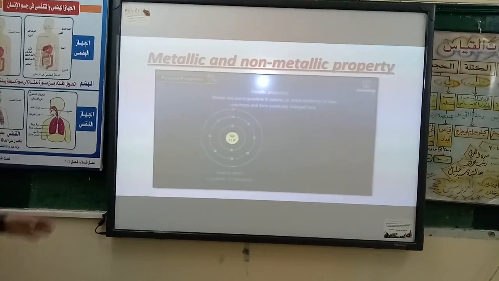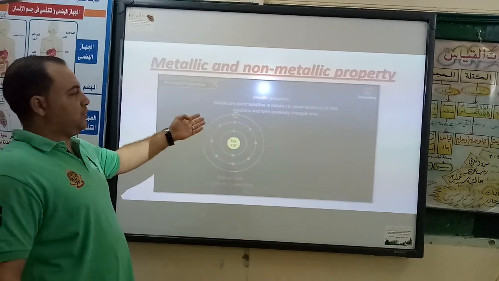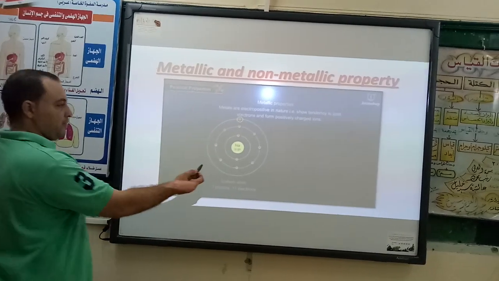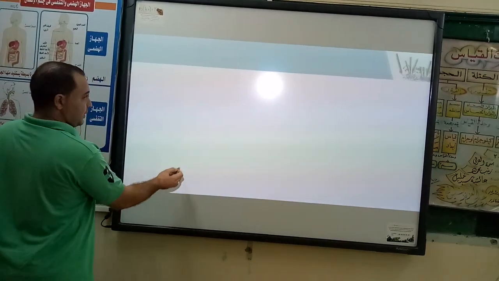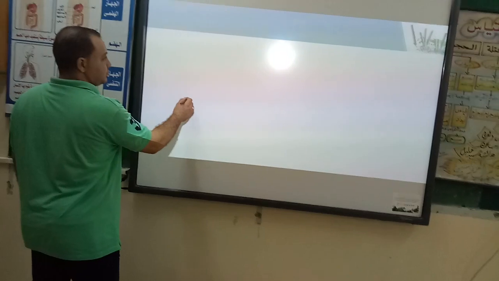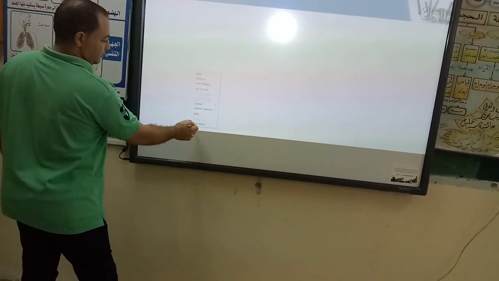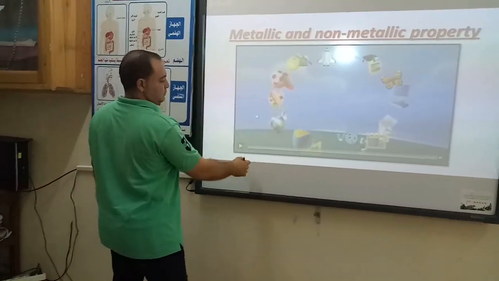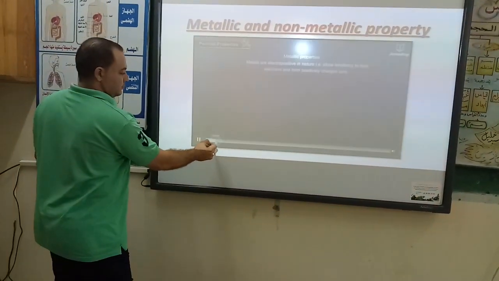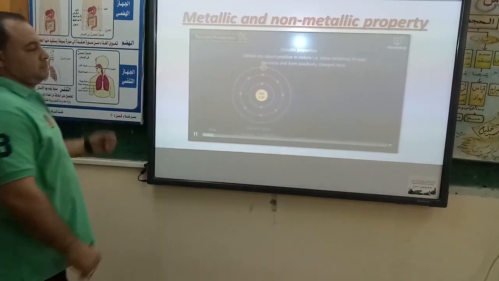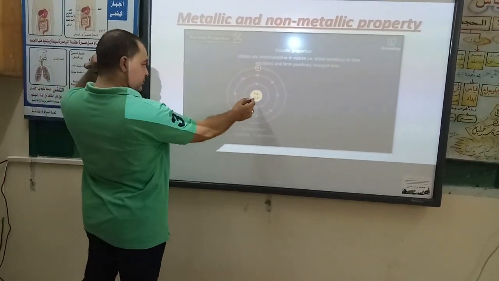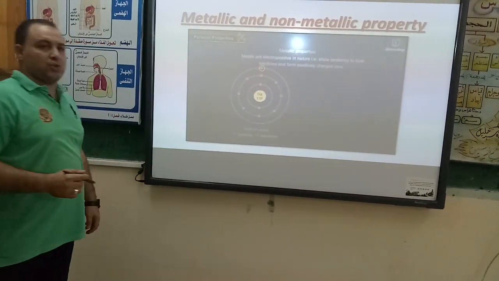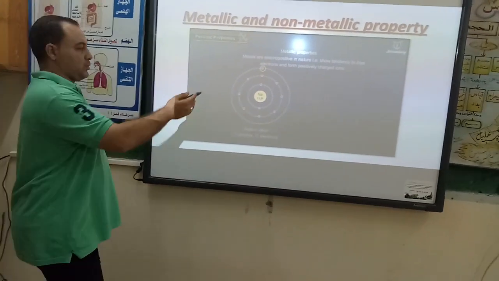Metallic property, we said that metals in nature lose electrons and change to positive ions. So as sodium, it's positive sodium ion, okay? Sodium had 2, 8, 1, so its outermost level has 1 electron.